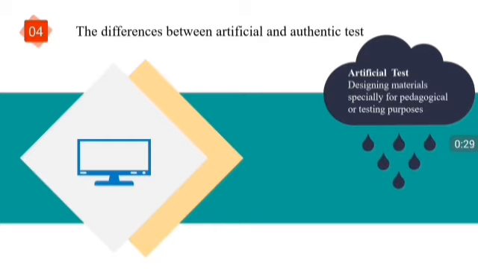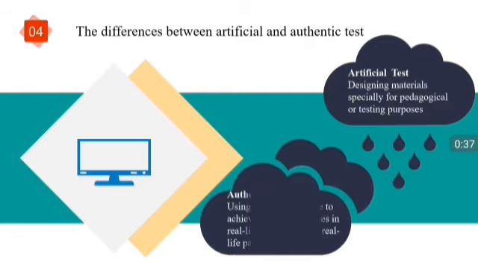Artificial test is designing materials specially for pedagogical or testing purposes. And then authentic test is using real life language to achieve real life purposes in real life situations and with real life participants.